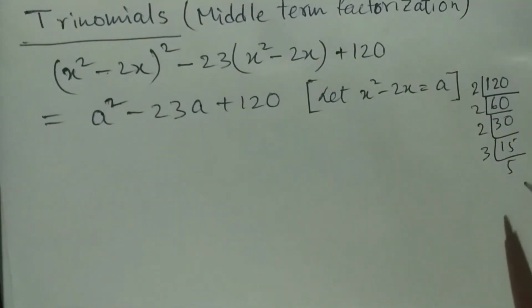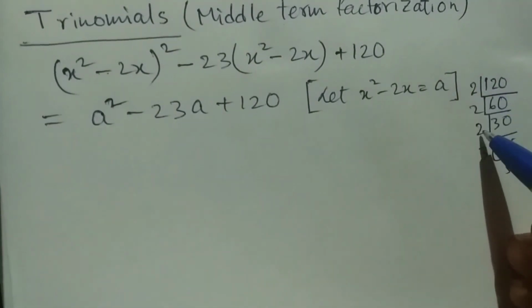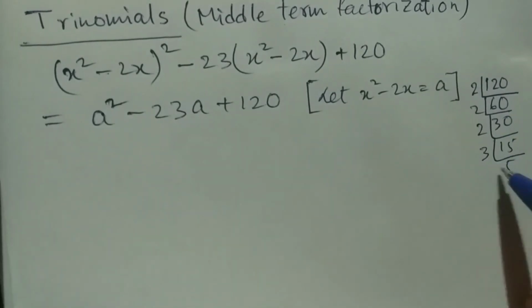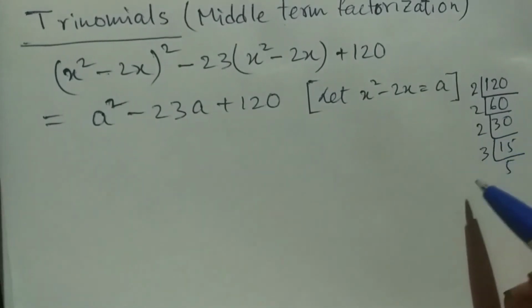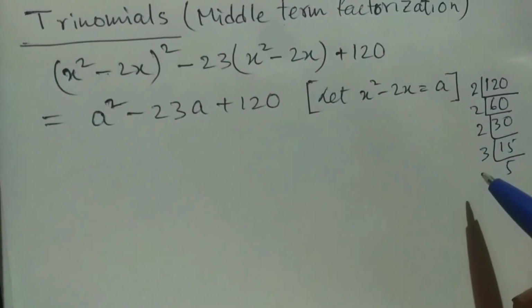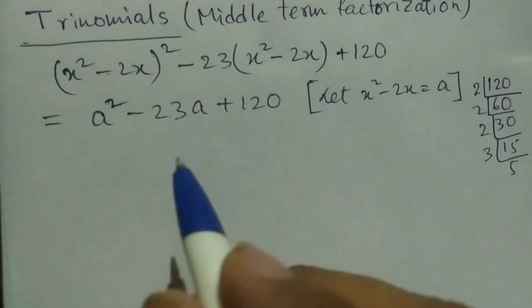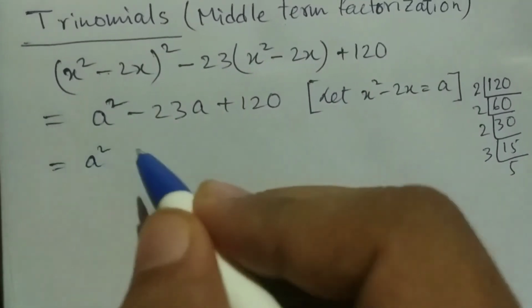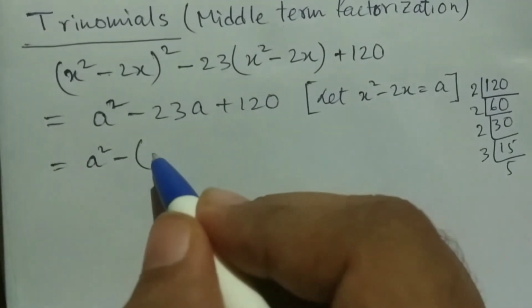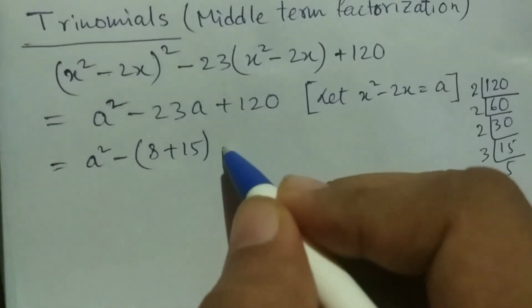Now let me check. 2 2s are 4, 4 2s are 8, and 3 5s are 15. So 15 and 8. If we add 15 and 8, we will get 23. So it is very easy. So we can write a square minus, in place of 23 we write 8 plus 15, into a plus 120.